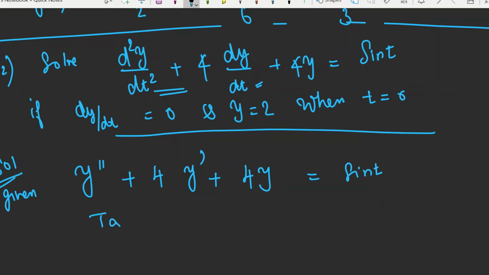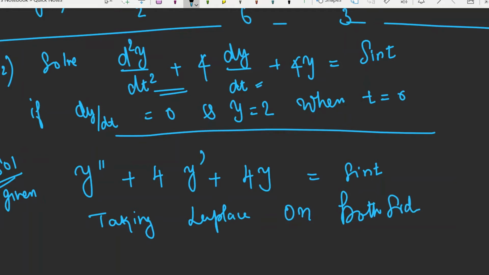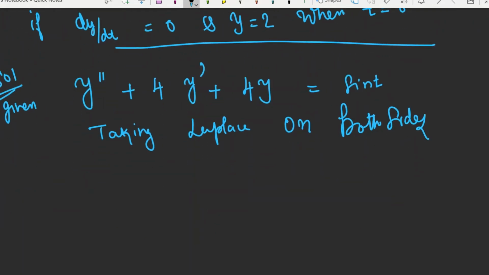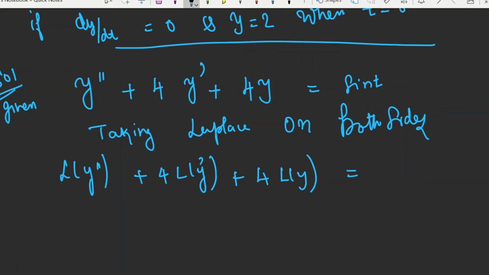Now as usual taking Laplace on both sides. L of y double dash plus 4 times L of y dash plus 4 times L of y equals L of sin t.